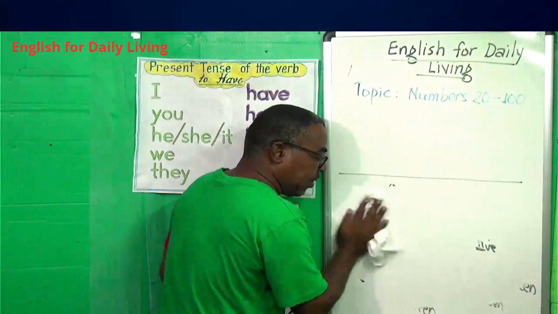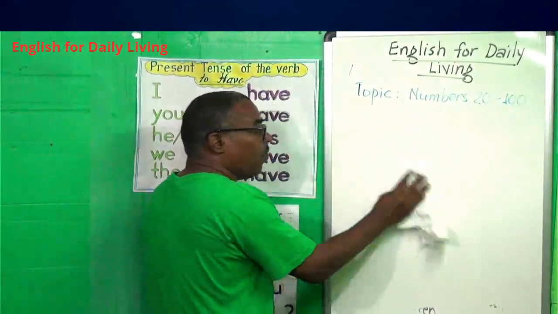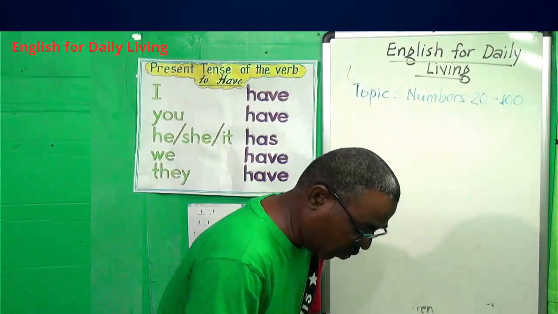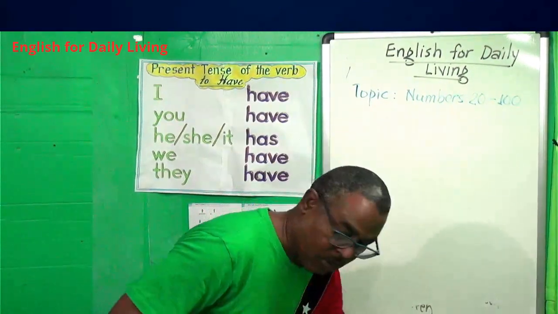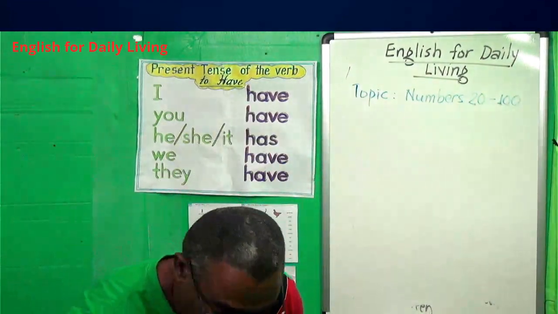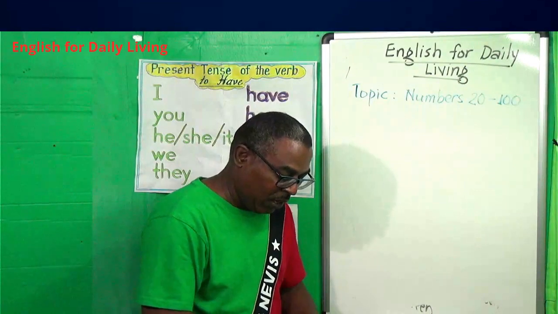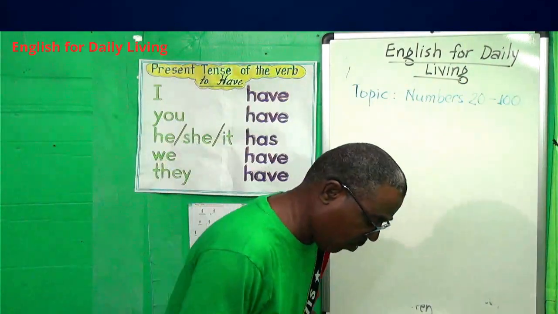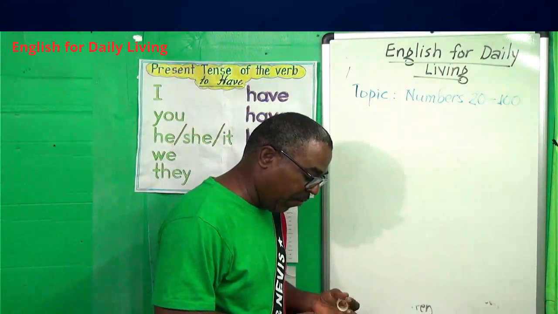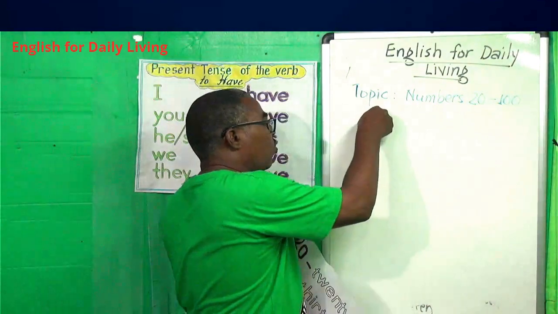Now let's look at 20. Going forward, we have 20. Okay, so let me just quickly put these up. So we have 20, 30, 40. Look at it.